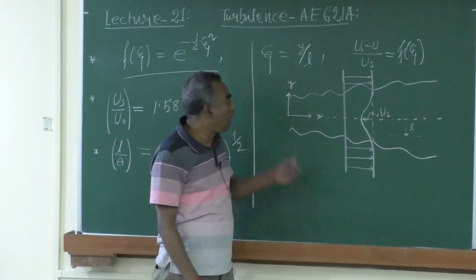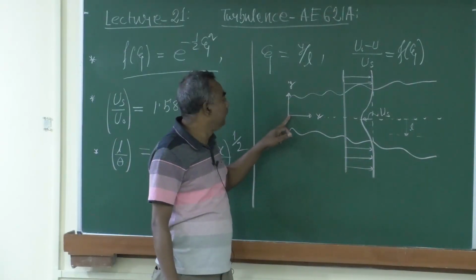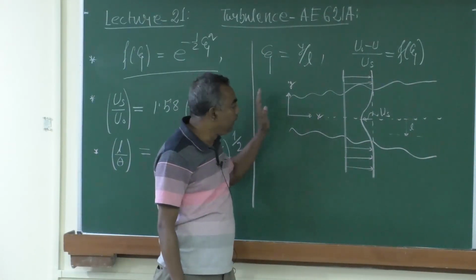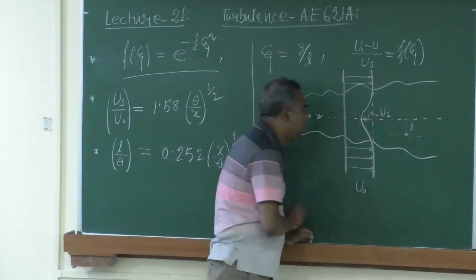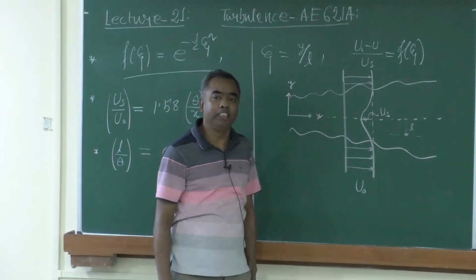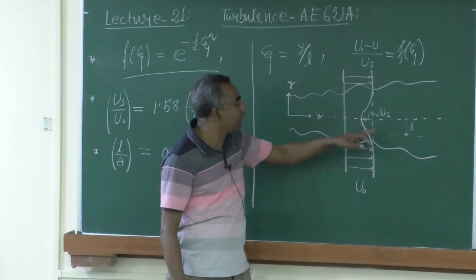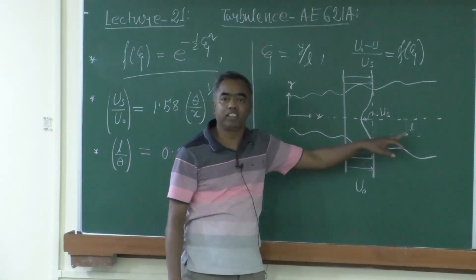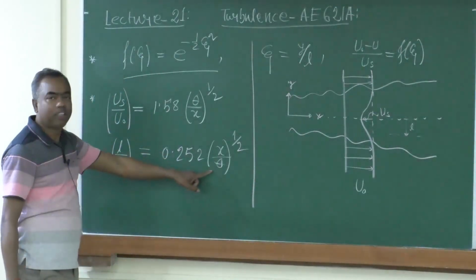So, now let us say somebody is moving with the free stream velocity u naught. Then what is he going to see? He is going to see that at each and every x location this L is different, because L is a function of x. That is what this relation shows, L is a function of x.